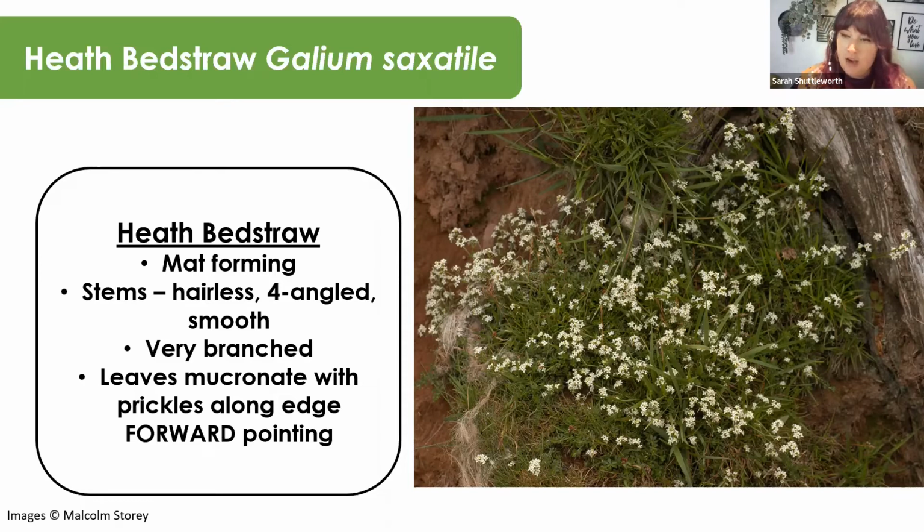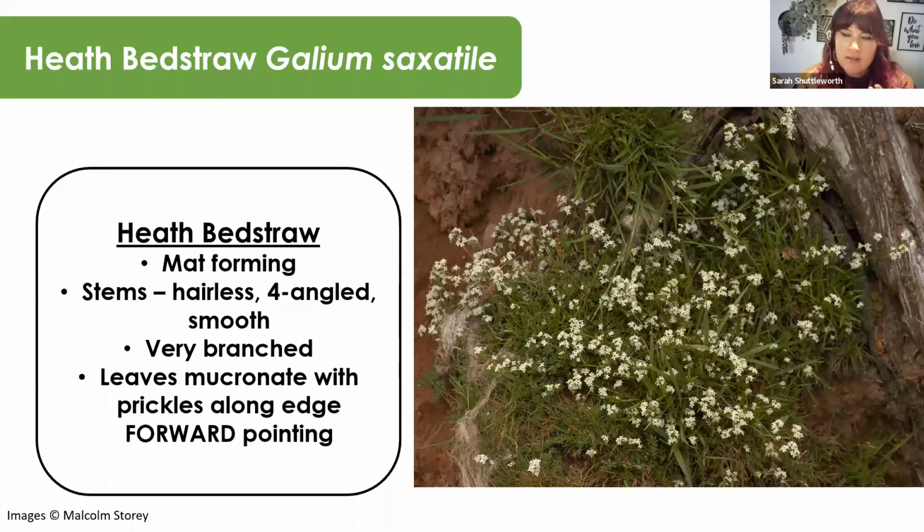The stems are hairless and four-angled and quite smooth, but with the four angles. They're quite branched, so that's creating that mat-forming, sprawling effect. And the leaves themselves are mucronate, like a lot of the bedstraw family, which means they've got a tiny little bristle tip to the end of the leaf. And obviously, like all the bedstraws, the leaves are in a whorl around the main stem.